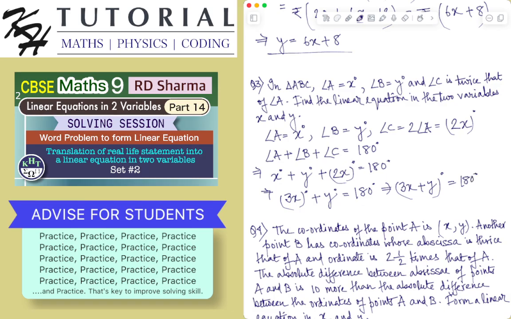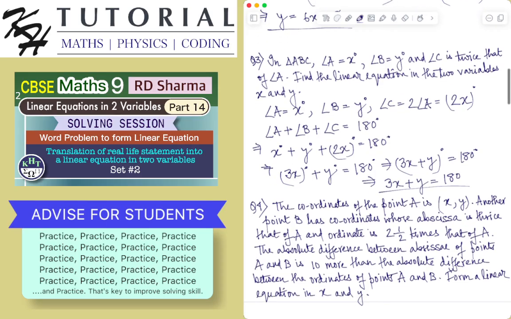Now I can ignore the units of degree and say 3x plus y is equal to 180. So this is the linear equation that relates the variables x and y, where x was the angle A, y was the angle B, and it was given that angle C is twice angle A. And we have used the fact that the sum of the angles in a triangle is equal to 180 degrees. Okay, let's see the next problem.